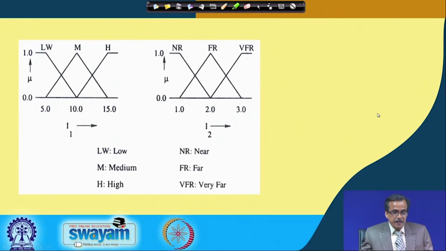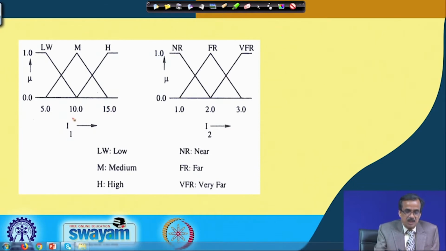Now, if you see the membership function distribution for the inputs, this is the membership function distribution for the first input, that is I1. The range for I1 is 5.0 to 15.0 and this particular range is expressed using three linguistic terms like low, medium and high, and as I told previously, for simplicity we have considered the triangular membership function distribution.